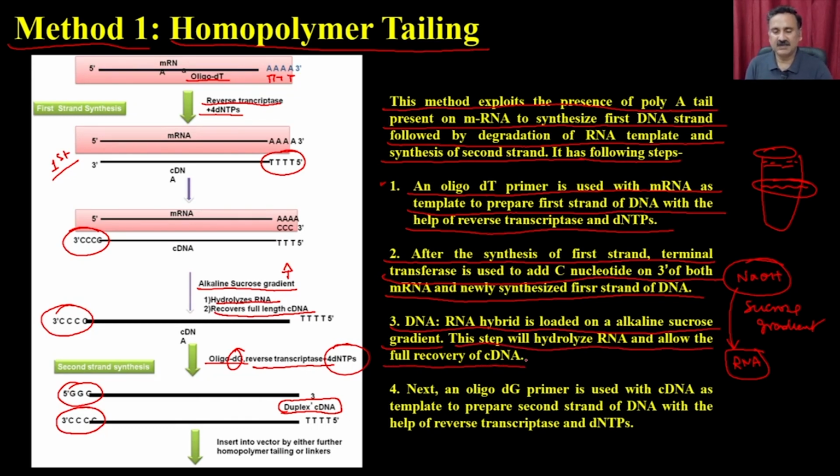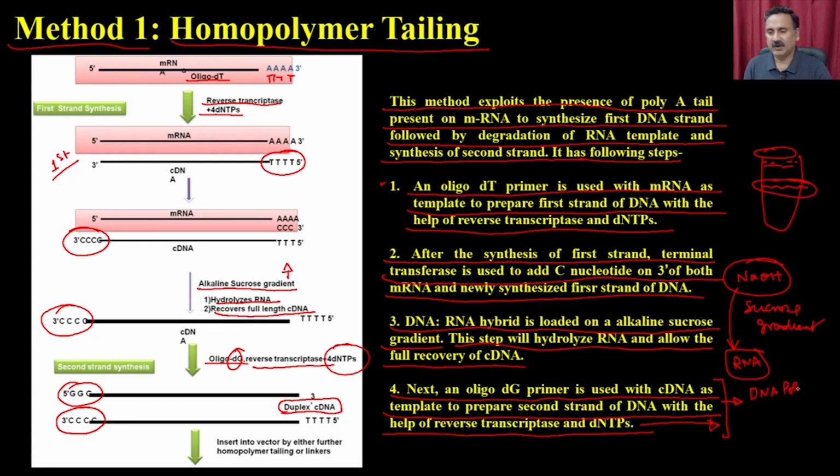Once you have the first strand of the cDNA, you can use an oligo dG primer and use the cDNA as a template to prepare the second strand of DNA with the help of the reverse transcriptase and the dNTPs. At this stage, the second strand synthesis, you have a choice. You can use the reverse transcriptase and the poly G primers, or you can use the Taq DNA polymerase.